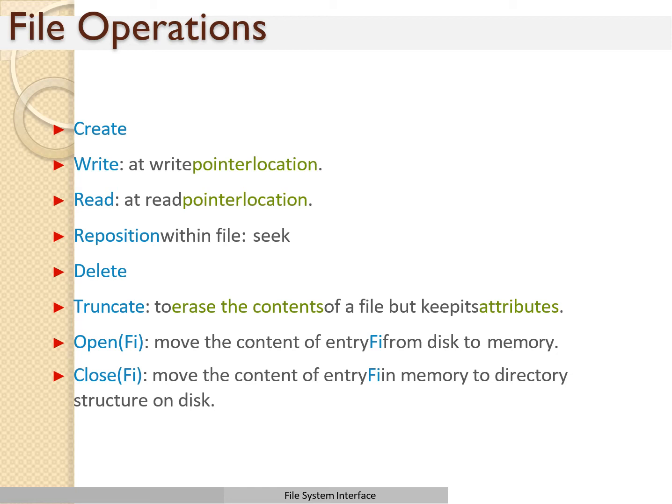Truncate means to erase the contents of a file but keep its attributes. Another file operation is open Fi, which moves the contents of entry Fi from disk to memory. Close Fi moves the contents of entry Fi in memory to the directory structure on the disk.